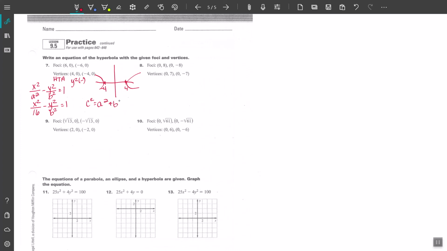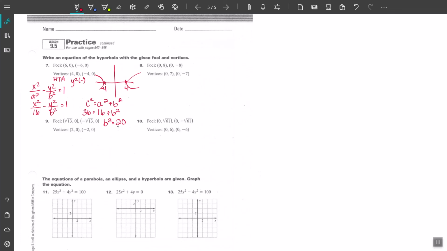So this is our formula. We know that c is our focus, so that's 6. That means our c squared is going to be 6 squared, or 36. We have our a squared. We need our b squared. After you do the math and the algebra here, we'll end up with a b squared of 20.